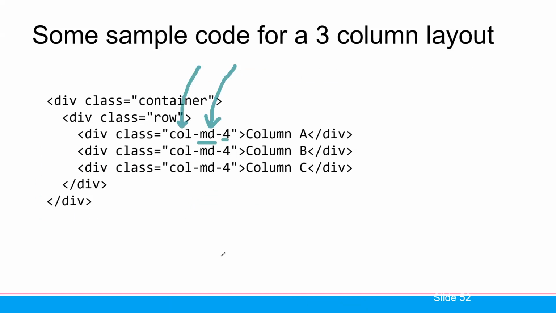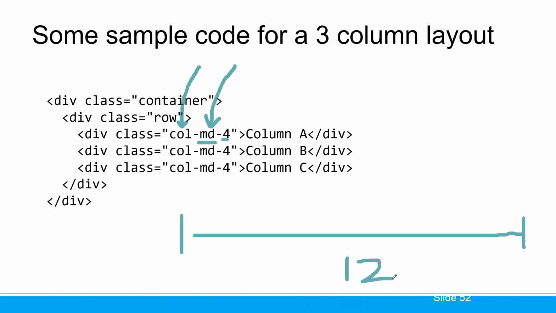Because the span is 12, if we have 4, then we have a 3 column layout. Okay? The first column, the second column, and the third column. That's the definition from Bootstrap.